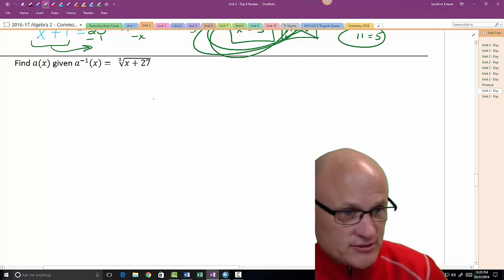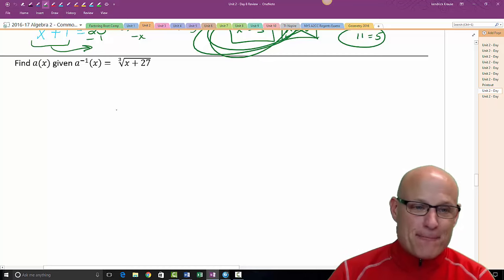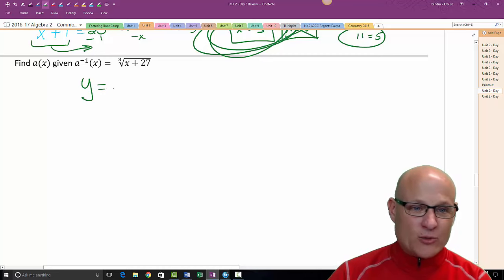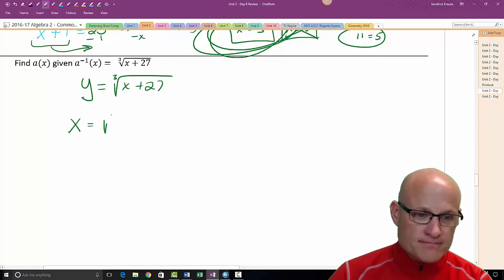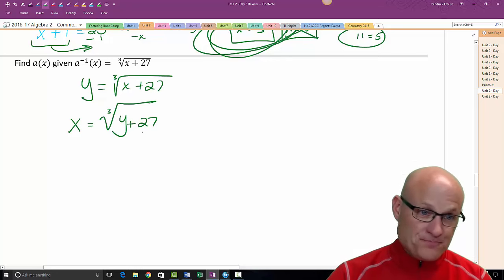Inverses. Find a of x given that this. It's the same process. We're going to write this as y equals. We're going to switch x and y. Now we're going to solve it.